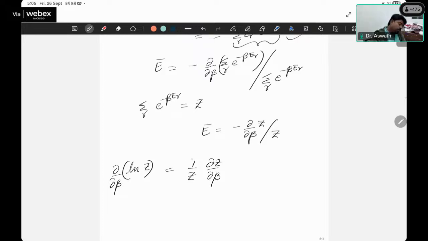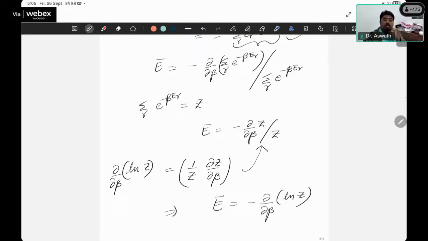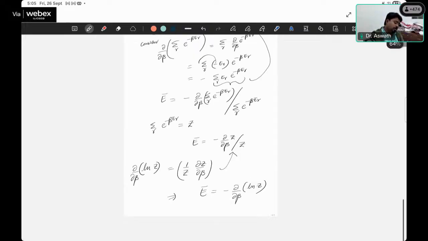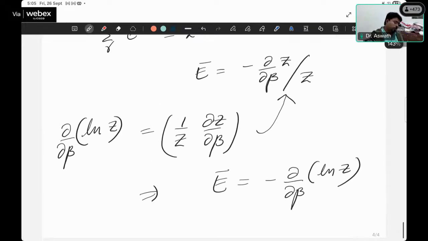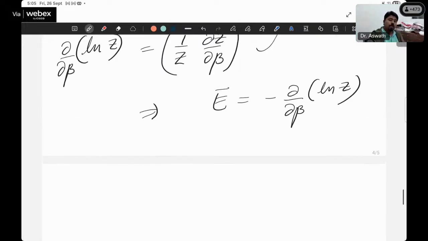This is the quantity which is here, which means the average energy is equal to minus the derivative of log of z with respect to beta. You see now how things are becoming much simpler when I introduce this kind of trick.